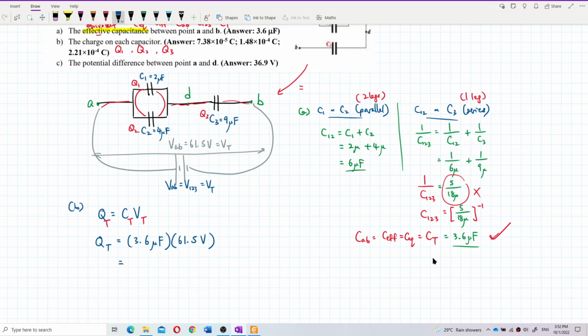So what do I get? I got 221.4 microcoulomb.